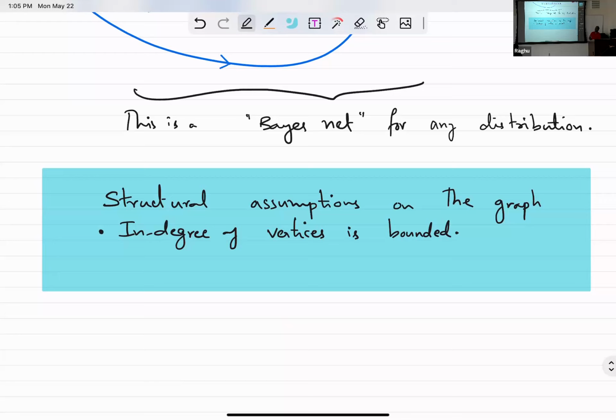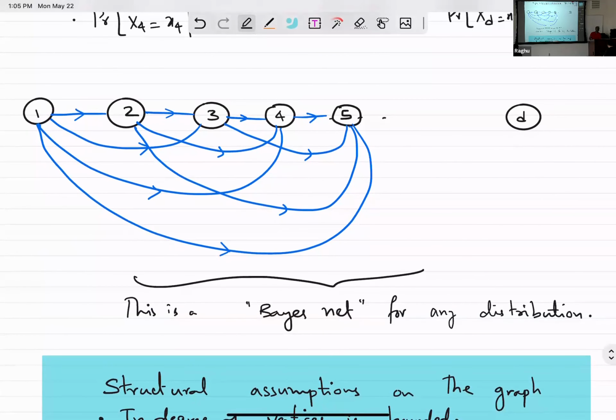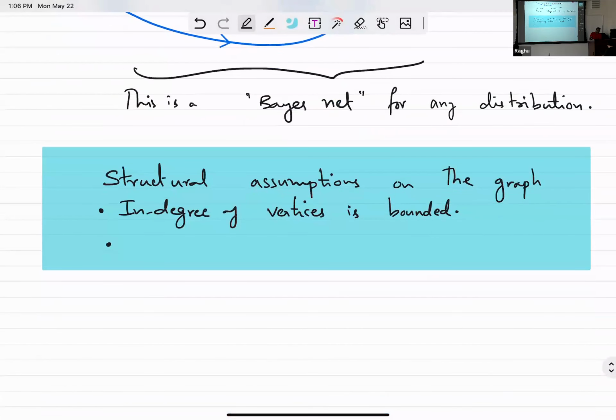Maybe I'll say for each vertex there are only 3 parents. Maybe there are only 4 parents, or 2 parents. They could be somewhere in the past, wherever, but there are only 2 incoming edges. Or you can also say the graph doesn't look this arbitrary. It's somewhat nice. Maybe it's like a path with few edges going back, or a modification of that.